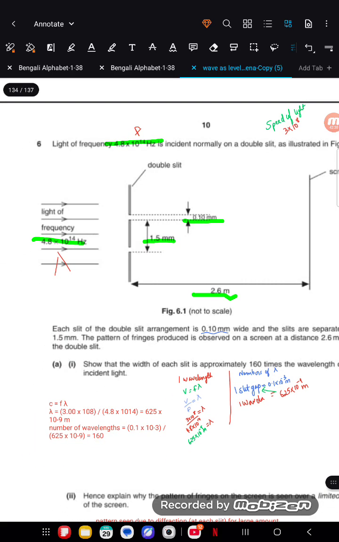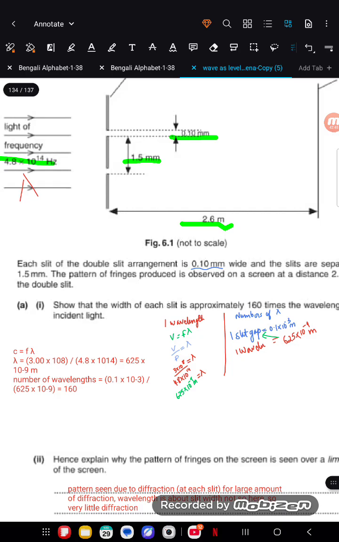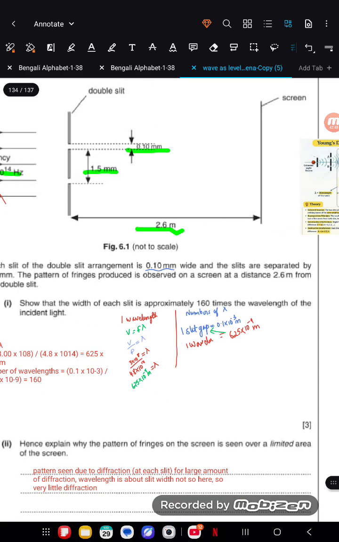So what they are saying to find? First they are saying show that the width of each slit is approximately 160 times the wavelength of the incident light.